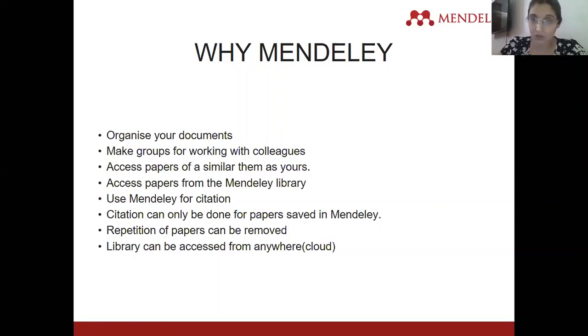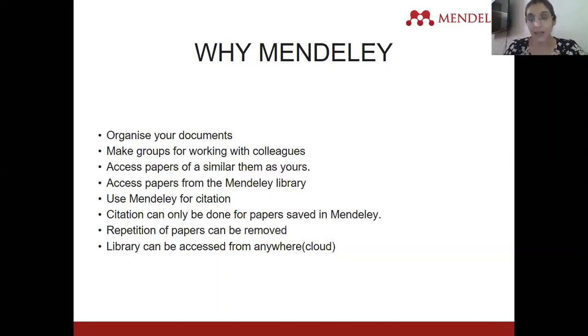There are repetitions. At the end of the day, there are some 200 papers in Google Drive. I have to filter them and see where the repetitions are. Here, I don't have to do that. If there is a duplicate paper, it will be seen and I can remove it in 2 minutes.